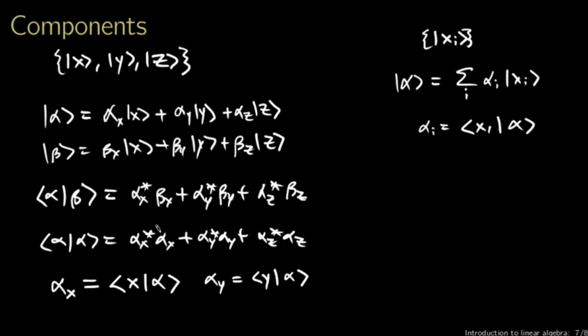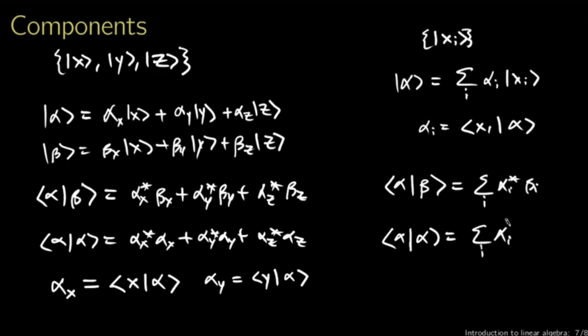And you can write out expressions for alpha inner product with beta. That's a sum over i of alpha sub i star beta sub i. The inner product of vector alpha with itself is the sum over i of alpha sub i star alpha sub i, the total sum of all of the squared moduli of all of the components of alpha expressed in this basis.